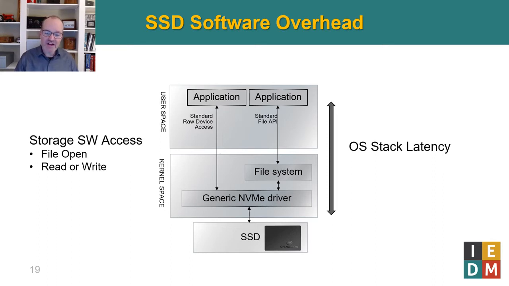Then as you're accessing storage, you either map it directly as a block device, the standard raw device access, or you map it through a standard file API into a file system and have the file system manage that file for you. There you hit a generic NVMe driver. NVMe is a protocol, relatively new in the last 10 years, that was developed for SSDs specifically and really helps get to low latency for Optane SSDs.